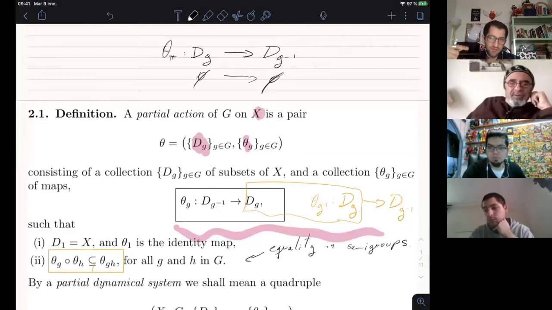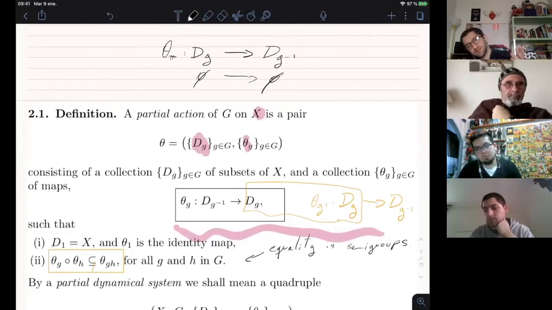I'm a bit interested in this just because, for example, when we have to restrict the action on a subset, we want to have a sub-partial action, then the case of having trivial domains should be a lot more frequent. That's all my opinion about it. In fact, that's why I spoke it in that way.